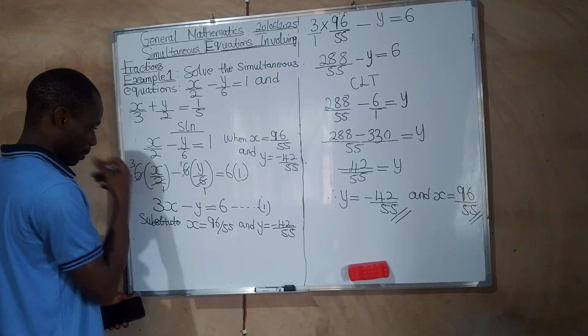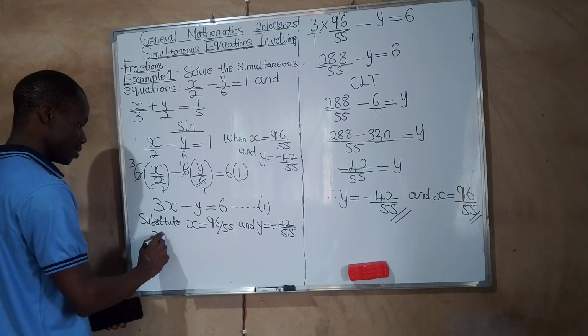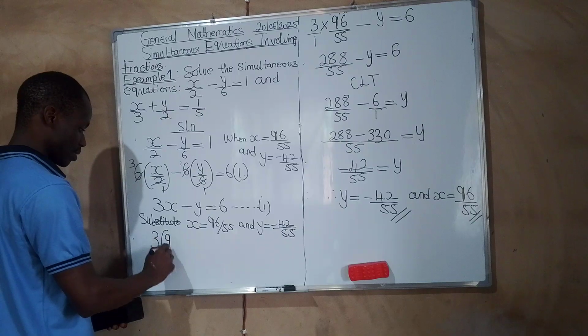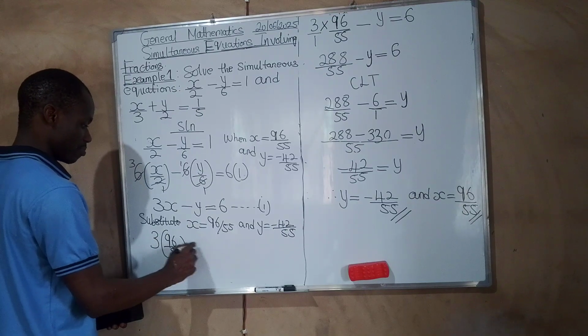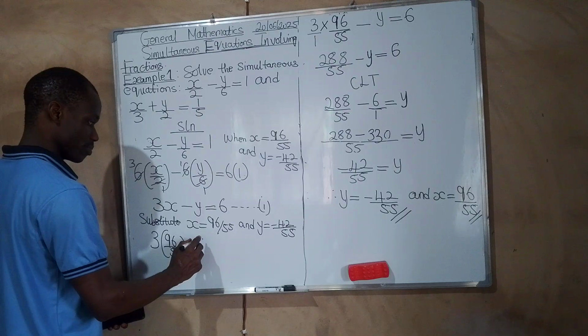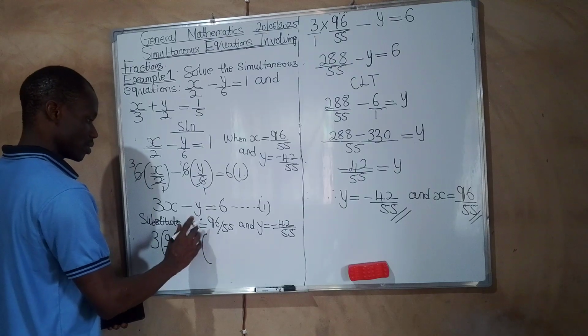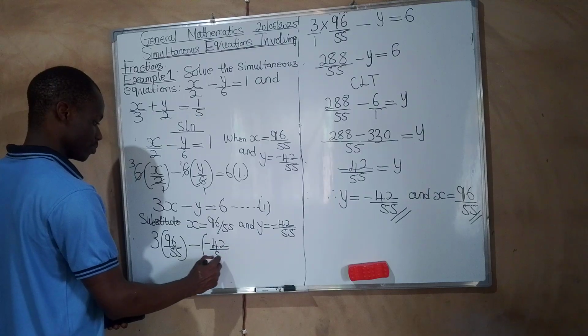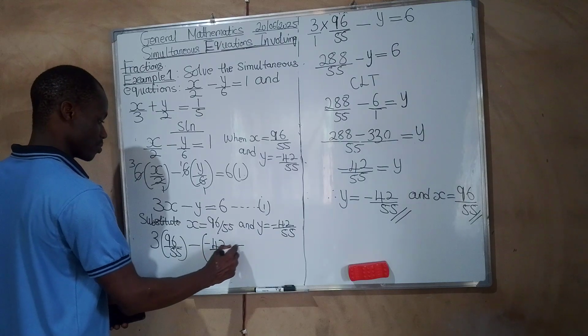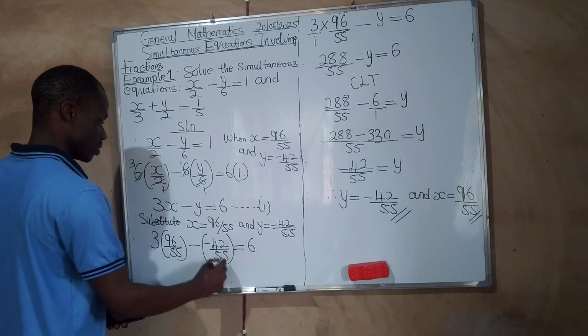So it becomes 3 times 96 over 55 minus, you're with me, right? This y is minus 42 over 55, is equal to 6. Let's close the bracket.